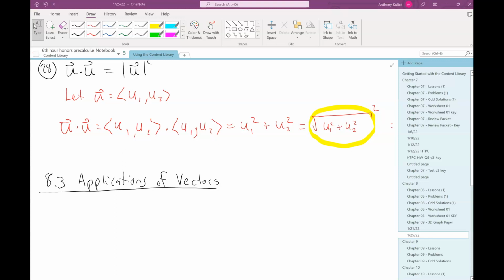The first application we're going to talk about is one that we've already done before, and it's something we've already dealt with in first semester.